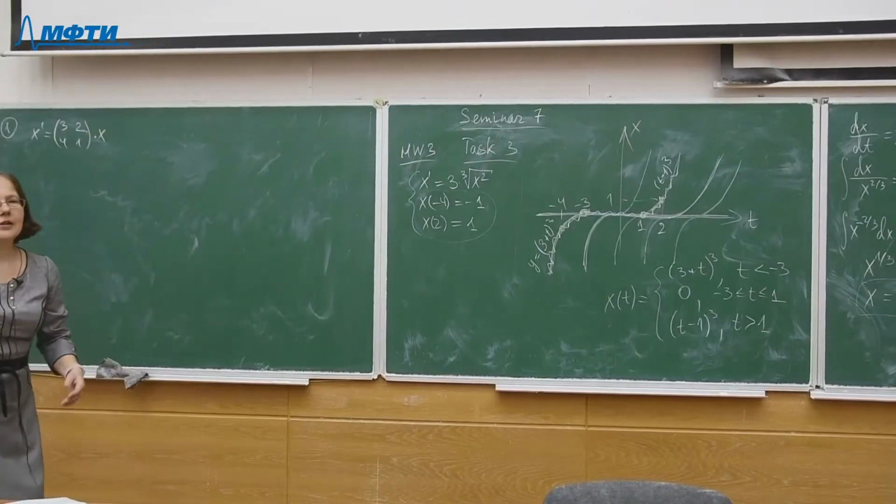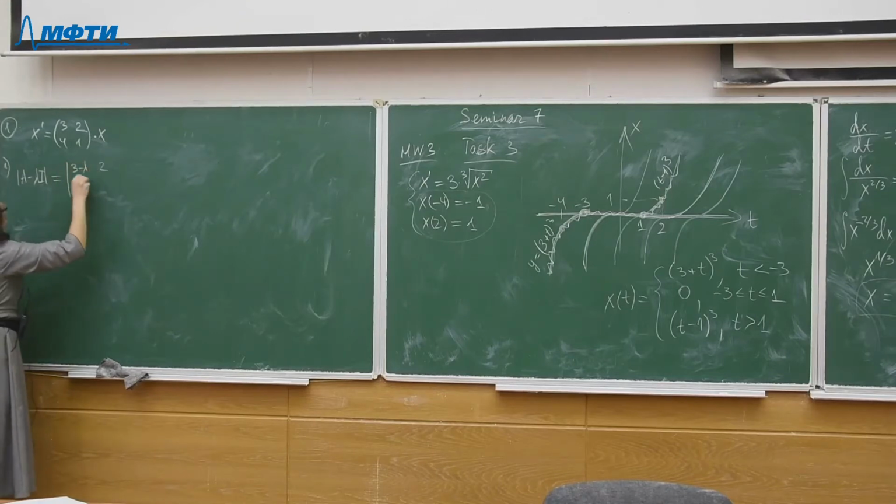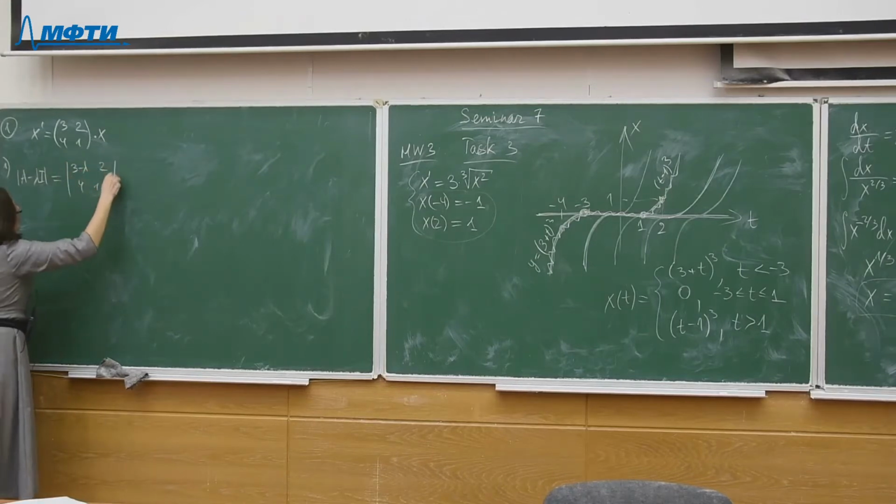Okay, so I think I will solve the first task. Our goal is to solve this differential equation. The first step is to find eigenvalues, that is, to solve the characteristic equation. A minus lambda I is the matrix 3 minus lambda, 2, 4, 1 minus lambda.